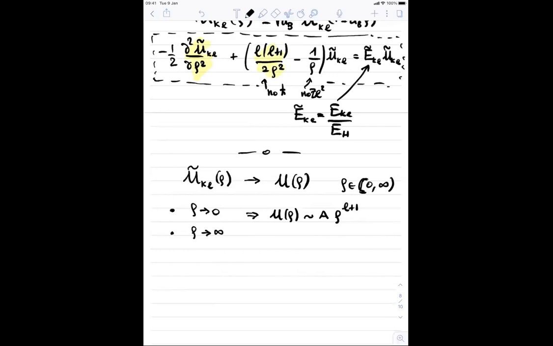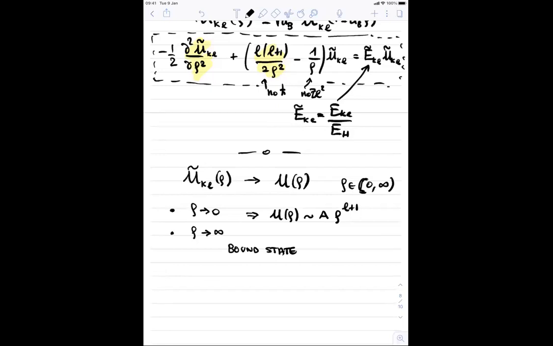Now, the second aspect of the story is the fact that for rho going to infinity, you can prove that in order to have a bound state, I recall to you that the bound state is a state that is normalizable and somehow concentrated in a volume around the origin. So it's not a wave that escapes away.